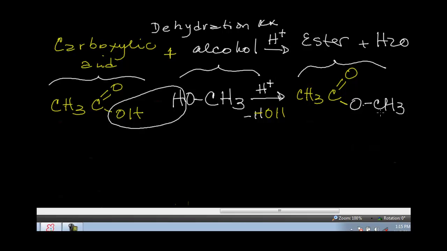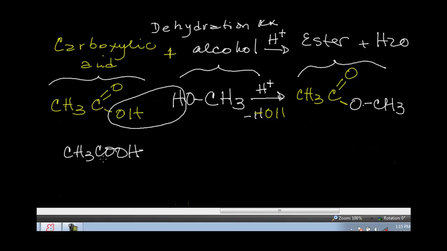I'm going to rewrite this in a condensed version without the yellow and the white, because in a test you don't have 2 colors and you are supposed to recognize them. So it may look a little bit different. If I condense the carboxylic acid, remember it looked like that. It looks a little different.